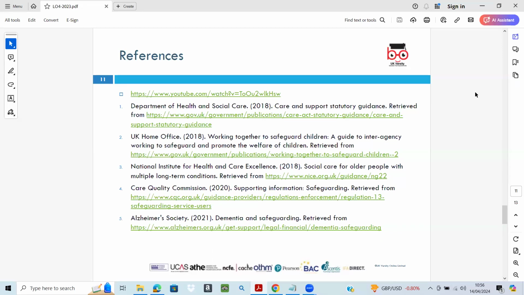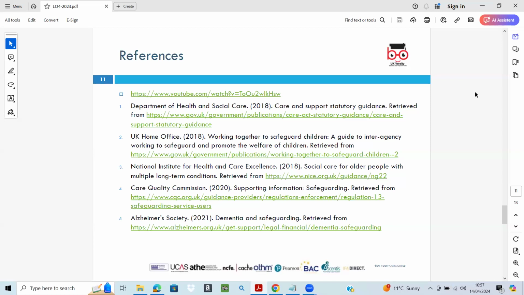What I can say in conclusion is that safeguarding within health and social care settings is an essential responsibility that requires a proactive and comprehensive approach. By establishing recruitment and selection procedures, policies and training, each element plays a crucial role in creating a safe environment for vulnerable individuals.